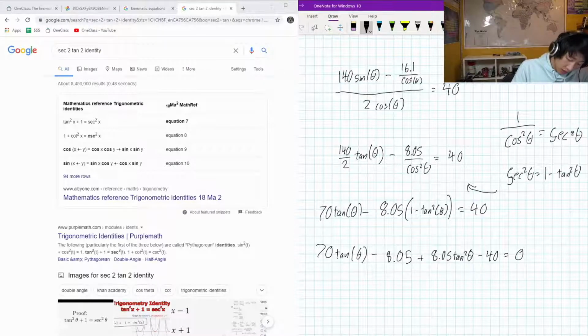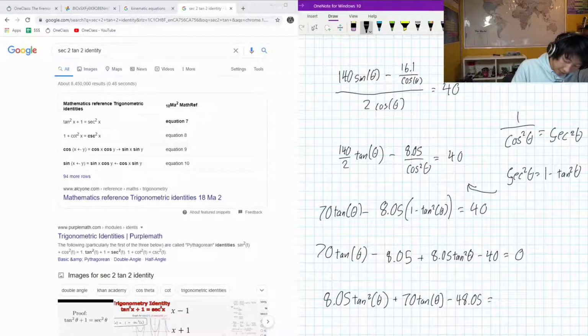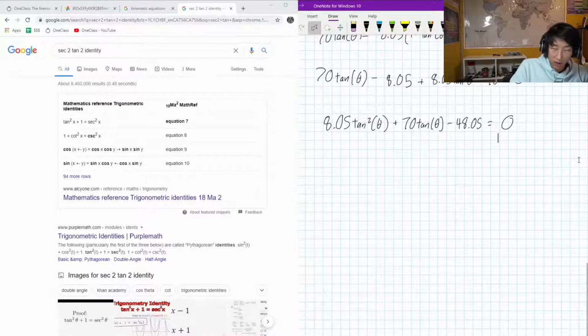So to organize this a little bit better, 8.05 tan squared theta plus 70 tan theta minus 48.05 is equal to 0. So we shall quadratic formula this.